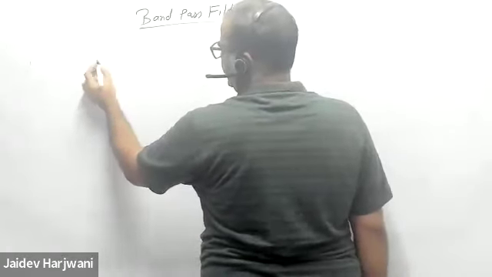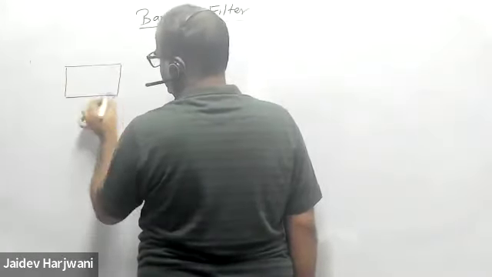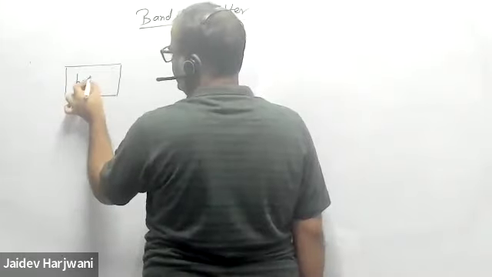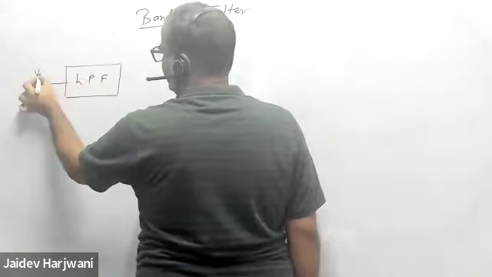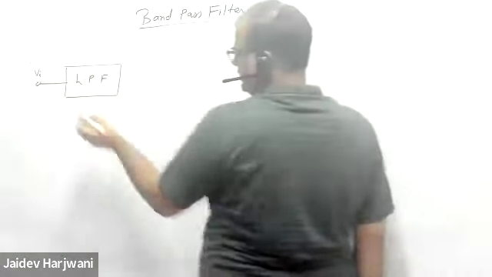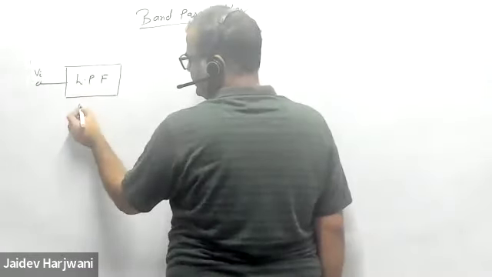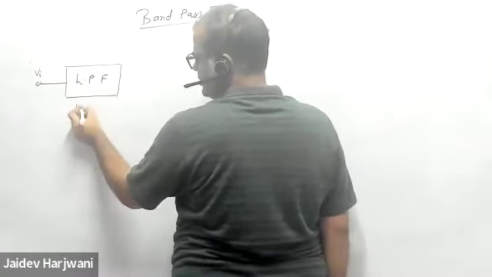Suppose you have a low pass filter and you're applying a signal here, say V input, and the cutoff frequency of the low pass filter is omega 2. This omega C is omega 2.